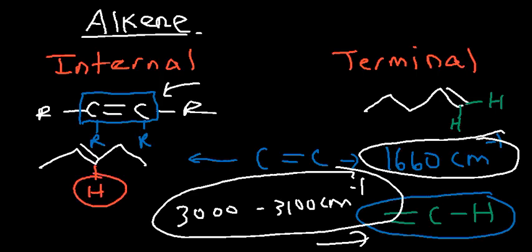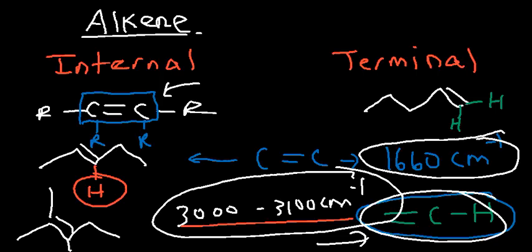It has a hydrogen, so we should expect that we should see this signal in the IR spectrum. But now let's say you have an internal alkene that looks like this. As you can see, it's a tetrasubstituted alkene, and it has 4 R groups. So therefore, it shouldn't have this double bond CH stretch.